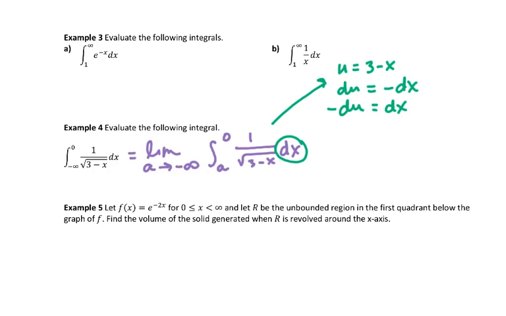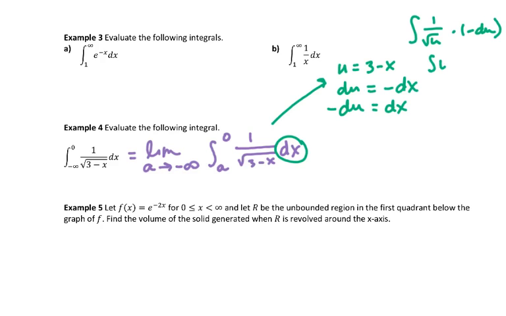And to avoid getting really messy with our limits, I'm not going to substitute back in the u stuff. I'm going to think of the antiderivative over here on the side and then plug it back in. So this would look like 1 over square root u times negative du if we were doing it as an indefinite integral.